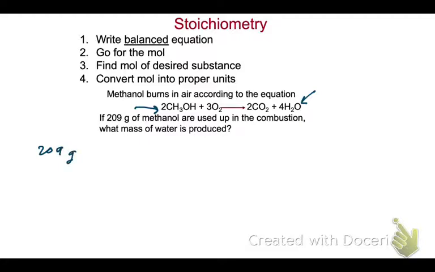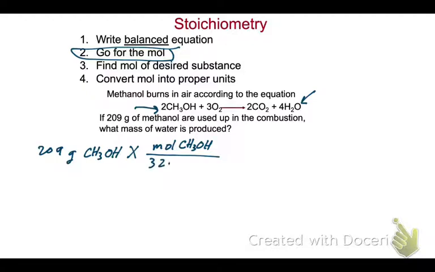Okay, so we're going to start with 209 grams of methanol. This is what they have given me. What did we say? We go to the mole. So we convert that into moles, and we say 1 mole of methanol has a molar mass of 32.03 grams of methanol.